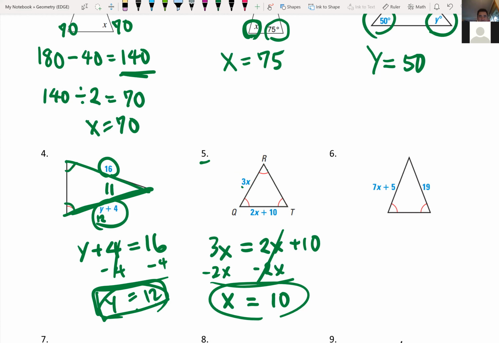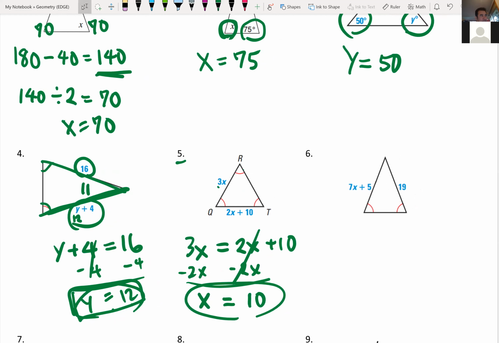Next question, number 6. How would you set up an equation? I'll give you 1 minute. Please ask any questions that you have.